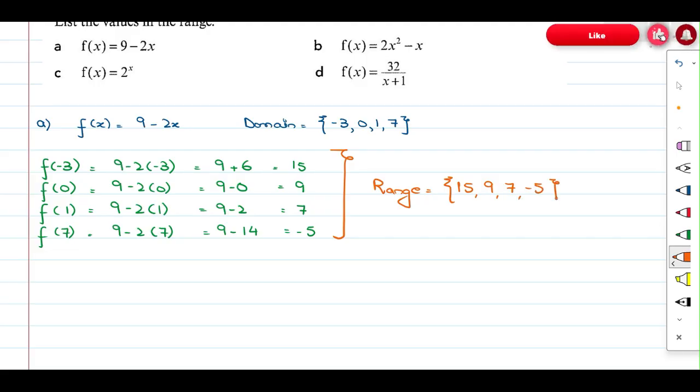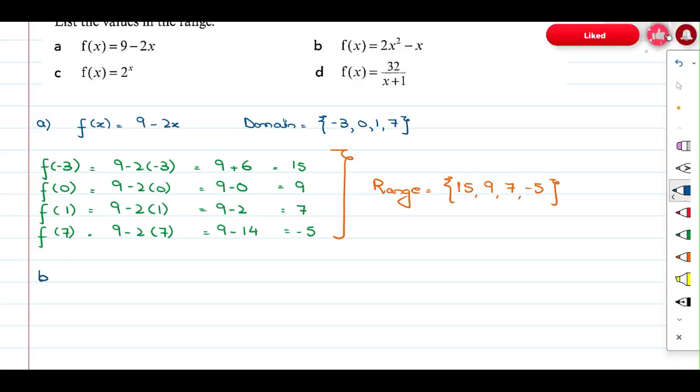So keep it in mind that you have to write in the same order. When you input minus 3, you have to write down minus 3's output first, then 0's output second, 1's output at the third position, and the output of number 7 at the fourth position, right? So this is how you have to write down the range for this function.